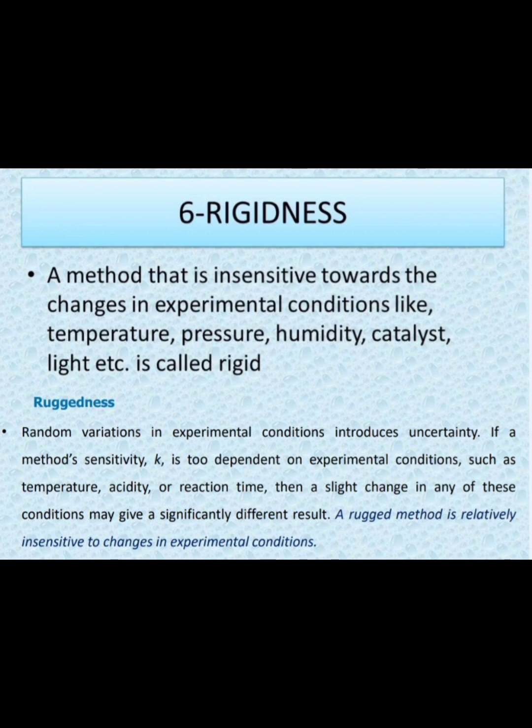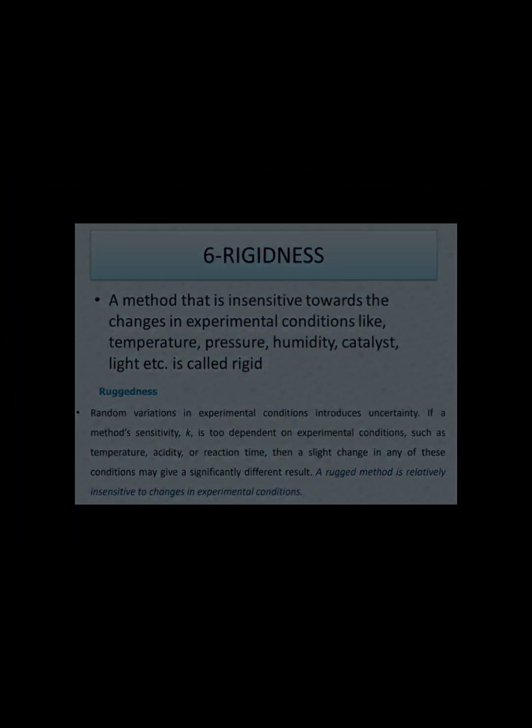If a method's sensitivity K is too dependent on experimental conditions such as temperature, acidity or reaction time, then a slight change in any of these conditions may give a significantly different result. A rigid method is relatively insensitive to changes in experimental conditions. This is the sixth criterion in the choice of an analytical method.